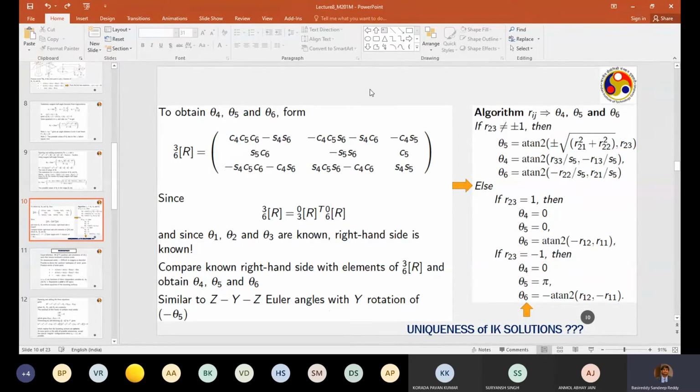So whatever algorithm we used, if you remember in the Euler angles when I was teaching the A tan 2 function, you can obtain similar formulas with the only difference that the Y rotation is happening by minus theta phi, right?